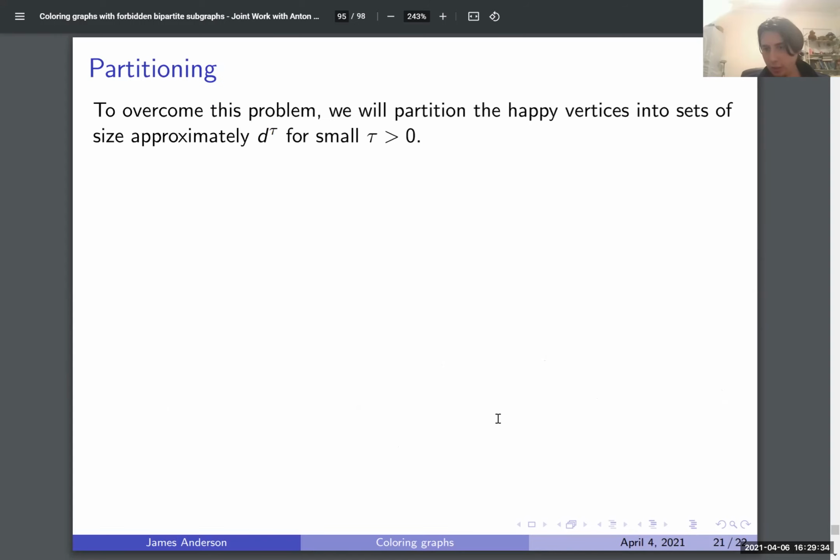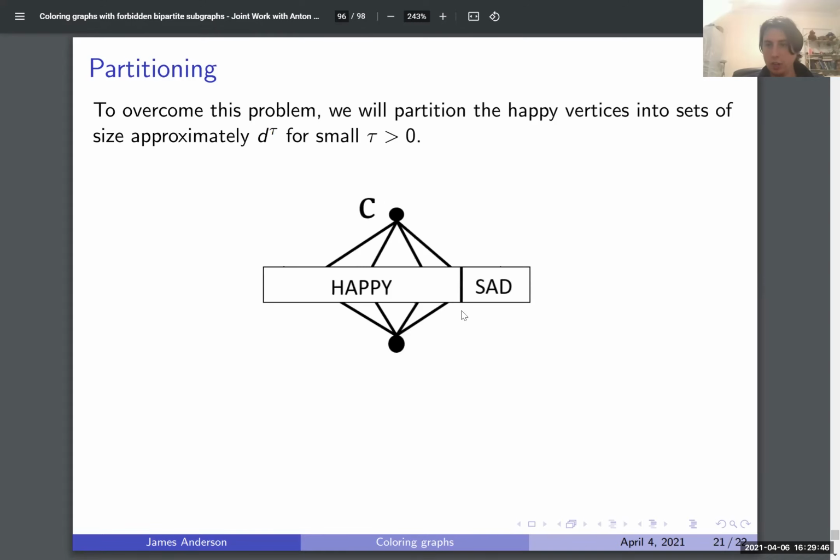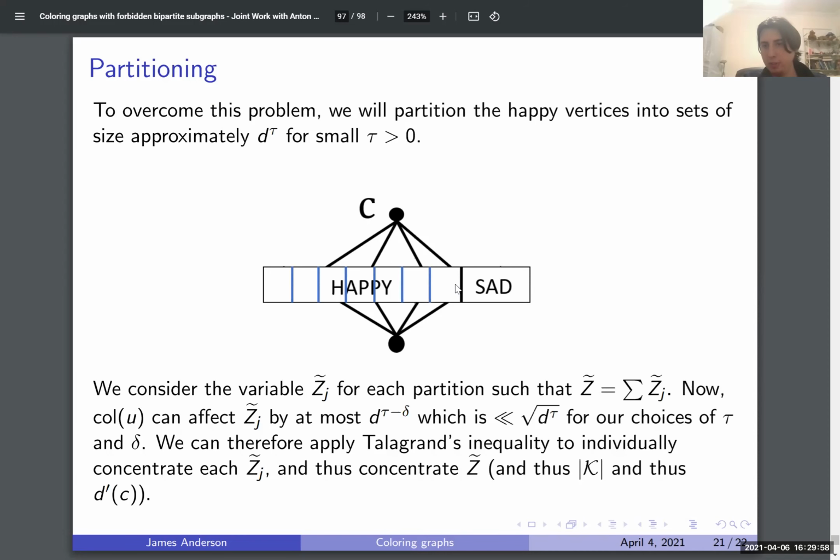So to get over this, what we do now is we partition the happy vertices into sets of size approximately D to the tau for a small tau. So here's our picture. We have C, we have its neighbors. We got rid of the sad vertices. We just have our happy vertices, and we split the happy ones up into these sets.